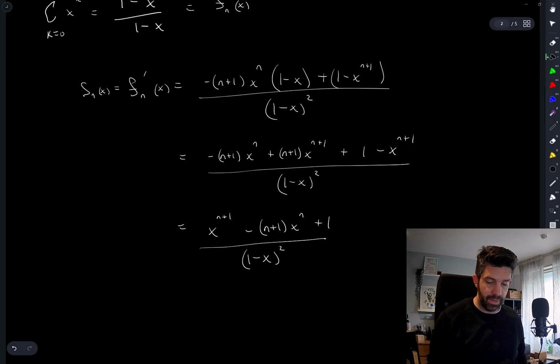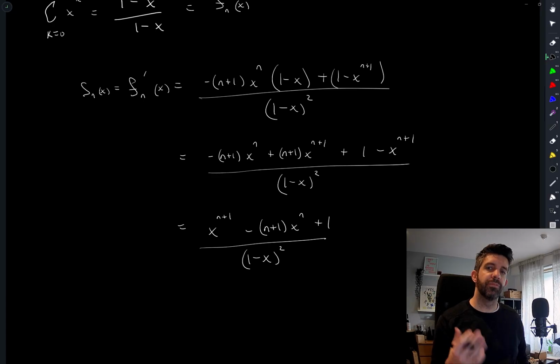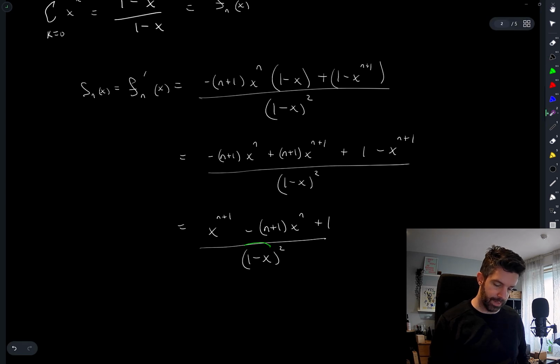I mean, maybe things don't simplify. Maybe there's no simplification to the polynomial, but by multiplying and dividing by 1 minus x squared, the numerator becomes simplified. So I'll just say that Sn is equal to this.